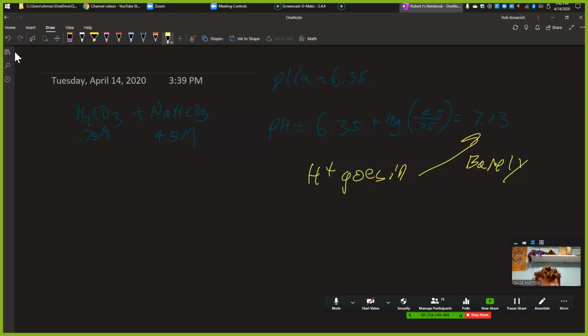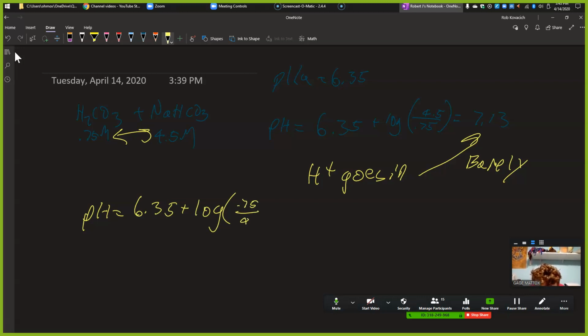All right. So this thing is going to work at a pH of 7.13. So what if I modified my starting ingredients? What if I switch these two numbers? So now I've got pH is equal to 6.35 plus log of 0.75 divided by 4.5.